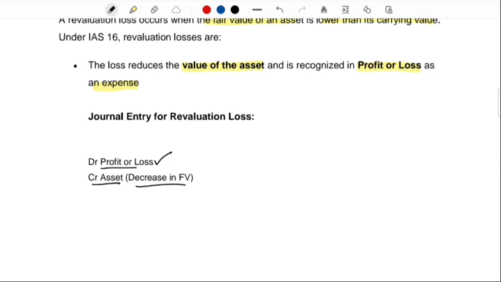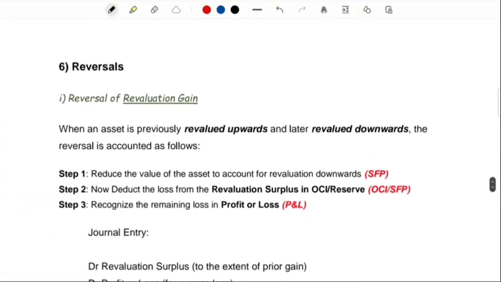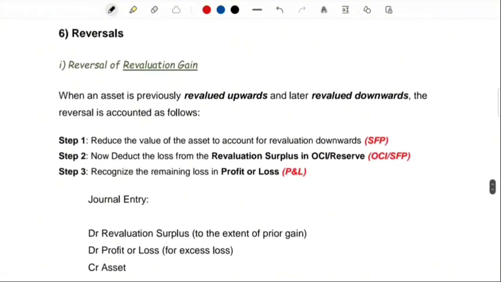Now there are certain things that can also happen within a company. For example, what we define as reversals, a reversal of a revaluation gain. It is very common that an asset was previously revalued upwards. So in the previous year, my asset's fair value was higher than its carrying value, so I had done a revaluation upward. But in this year, it is very much possible that the fair value of the asset goes down, and therefore now I have to revalue it downwards.